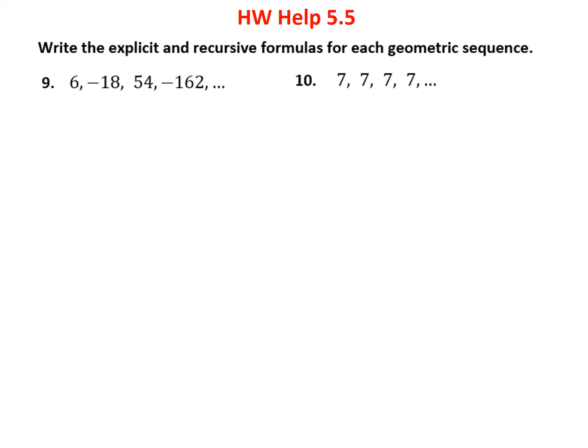Our last two problems in this section, again, we're writing the explicit and the recursive formula. Just to remind you, if you're just skipping into this problem, the explicit says that a to the n equals the first term times the common ratio to the n minus 1. All you have to find is what's the first term and the common ratio.